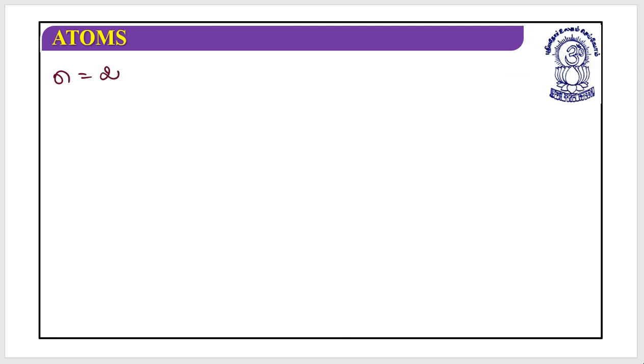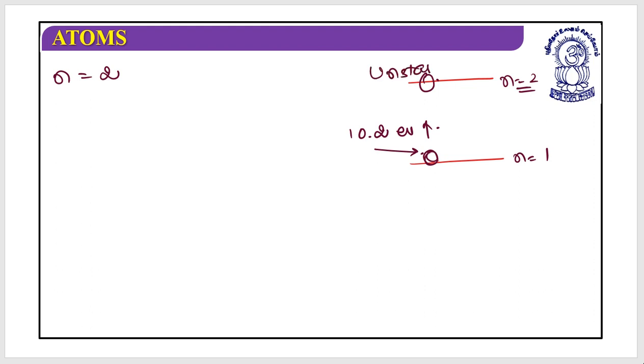That means your electron was in the ground state. It has been provided a certain energy of 10.2 eV, and it has jumped to this level. Here it was n equals 1, here it is n equals 2. It feels unstable over here, so it has jumped back to the ground state, and I need to find out the number of spectral lines.